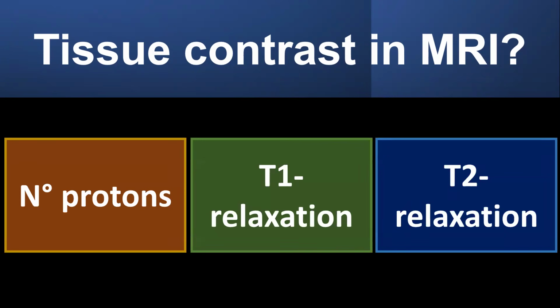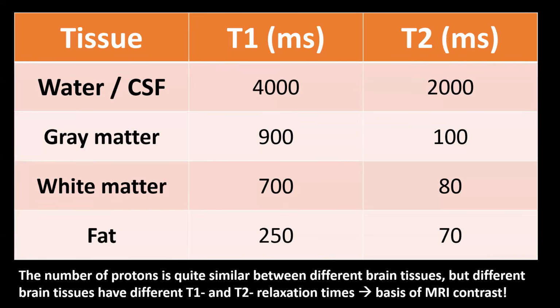And we can use these differences between tissues to generate different types of images, each showing different contrasts between the various parts of an organ. This is an example of T1 and T2 relaxation times for various tissues in the central nervous system. The number of protons is quite similar, not 100%, but let's just assume it's quite similar. We're going to focus on differences in T1 and T2 relaxation times.